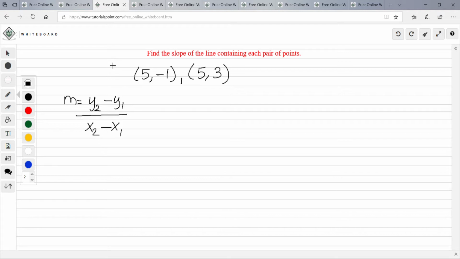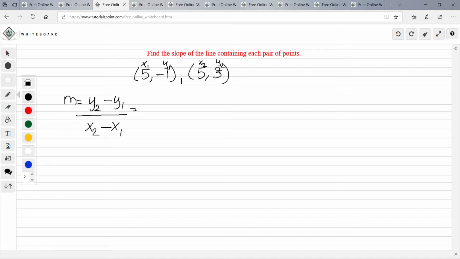How do we know which one is our x's and which is our y's? We just label it. We call this x1, y1, and then we call the second coordinate x2, y2. Now we know our y2s, y1s, x2s and x1s, and we just have to plug it into the equation.